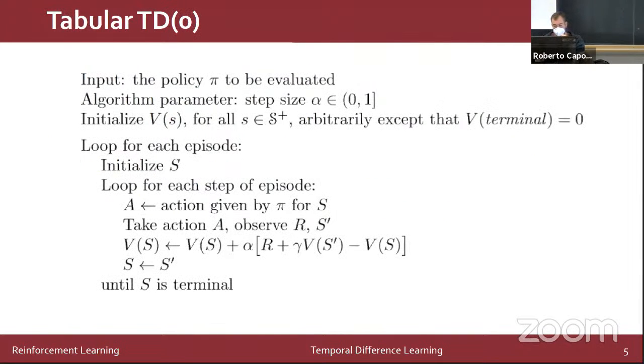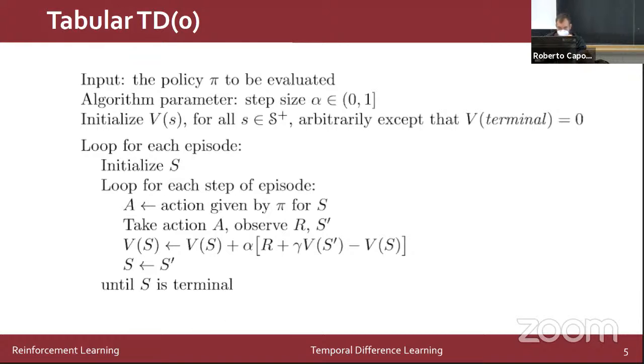As usual, we have our first pseudocode for a temporal difference method, specifically for a tabular temporal difference method. For every episode, for every step in the episode, we update our V function by using the formula that we have seen, until the state is terminal.